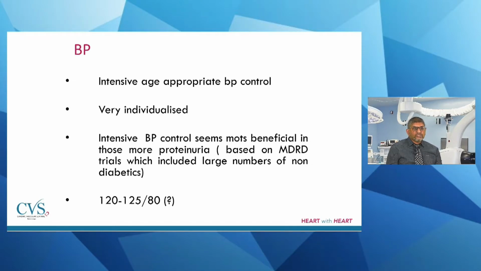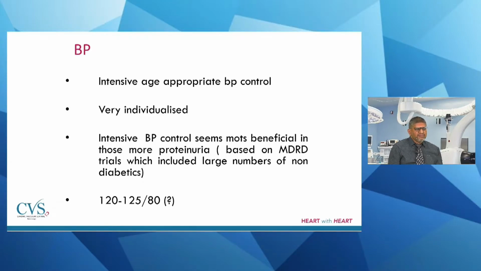What about blood pressure? Blood pressure is also important, but again, we have to be careful because our patients are all very varied, different age groups. So some older age groups may not tolerate very low blood pressure. Most studies for renal disease do indicate blood pressure control to be beneficial, especially in those with proteinuria.